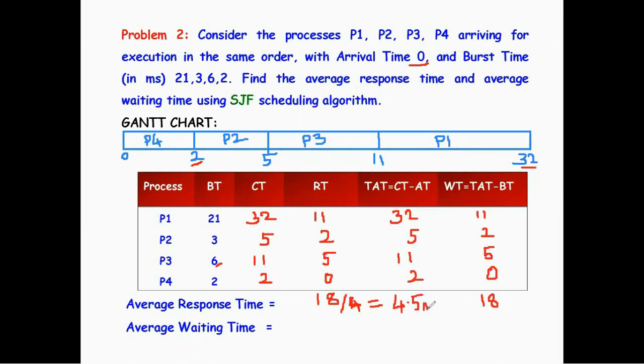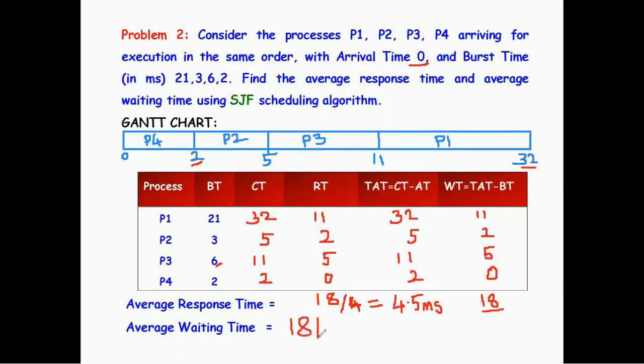milliseconds. Then average waiting time is equal to sum of waiting times of all the processes divided by total number of processes.